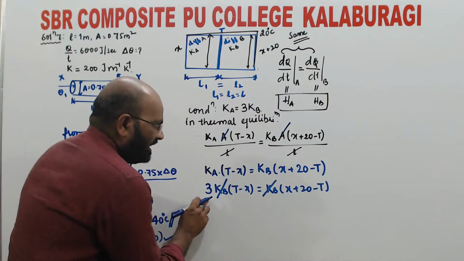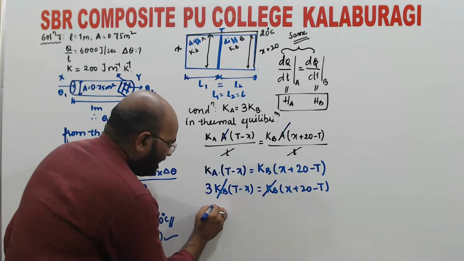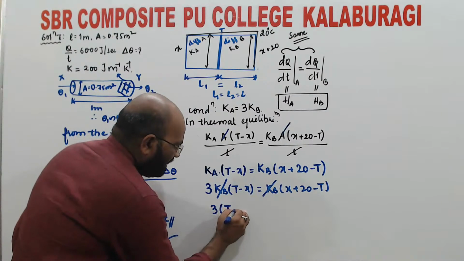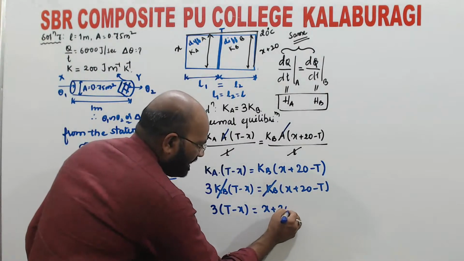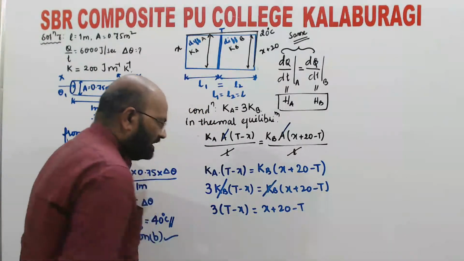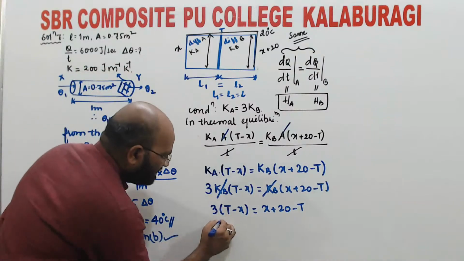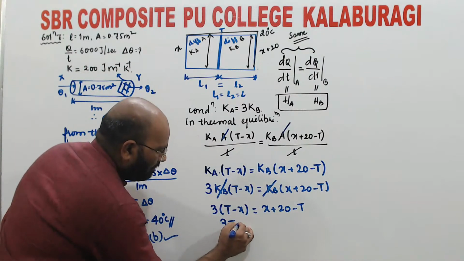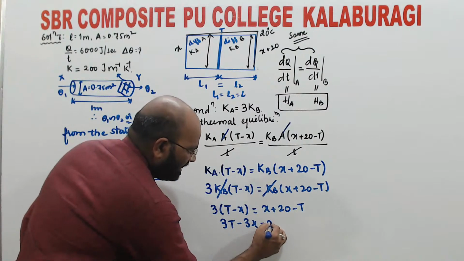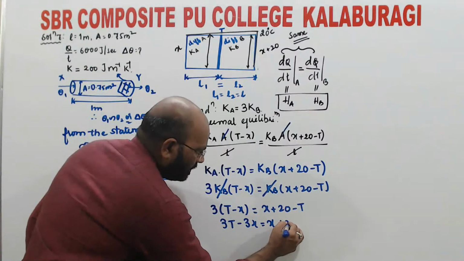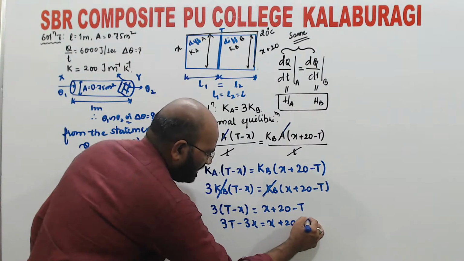Then take the 3 into the bracket. What you get: 3 times T minus X equals X plus 20 minus T. This is 3T minus 3X equals X plus 20 minus T.